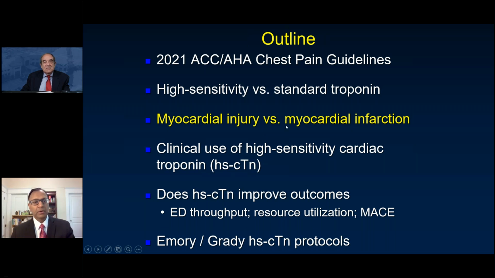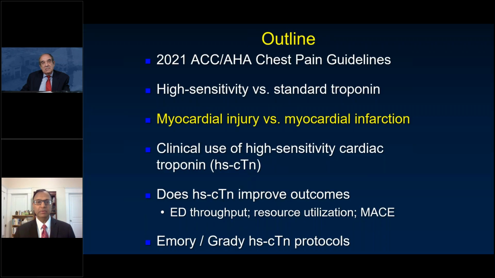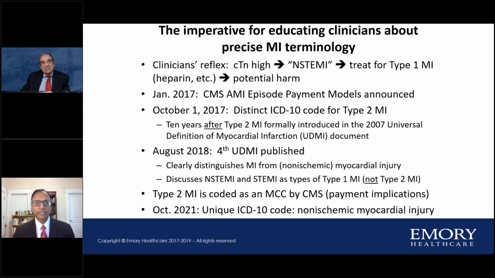That's fine. All right, so now we'll go into the difference between myocardial injury versus myocardial infarction. Before we do that, let's talk about the imperative for why this is such an important topic.